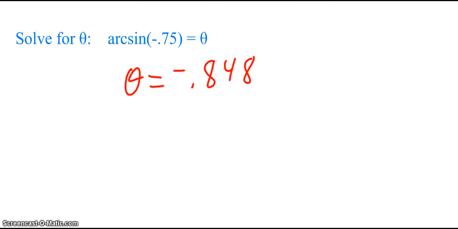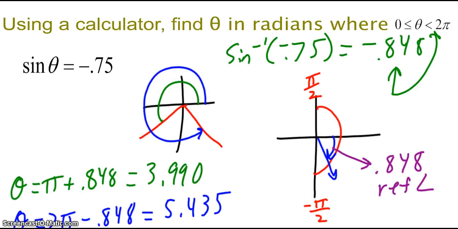So if the original problem has the arc or inverse function, you are restricted to the domain and range of the inverse function. If the original problem does not have that, but you use the inverse function in order to find your solutions, then your restrictions are a little bit looser. You need to understand that when I type this into my calculator, it will give me an answer within the range of the inverse function, but that might not be one of my answers to the problem. It might just help me find one of the answers to the problem.